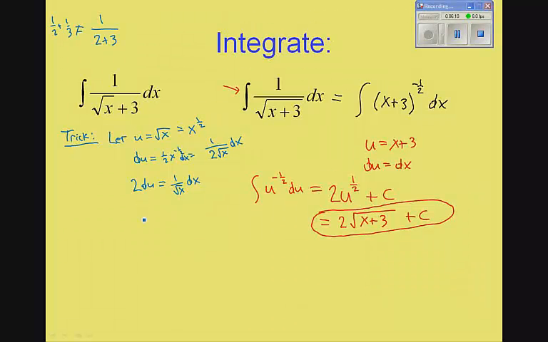What I'm noticing is that 2 du actually equals 1 over u dx, because u was the square root of x. Why does that help? Because what does dx equal in relationship to the u's?